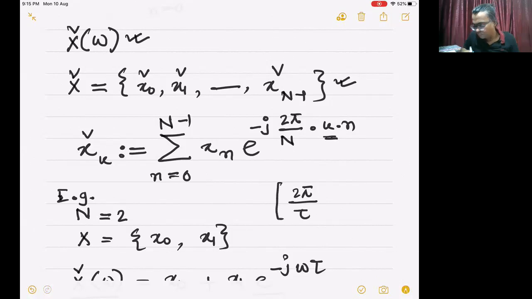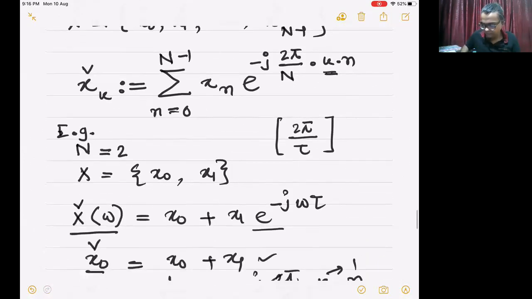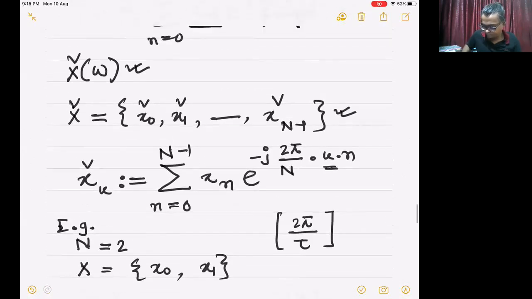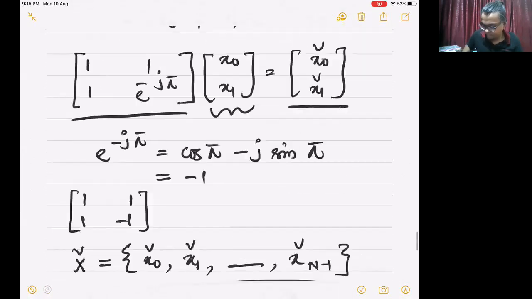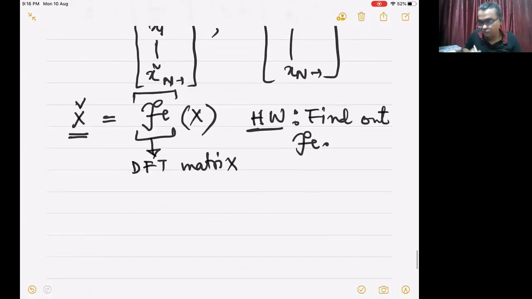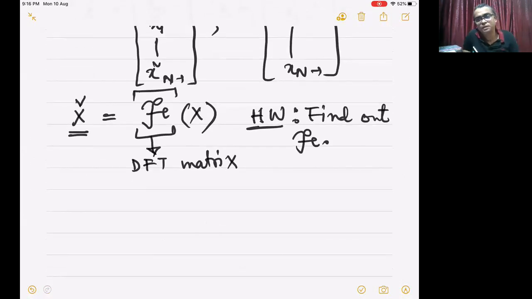And from that fundamental component, I just partition that into finitely many, in fact n equally spaced such points, and at those points I find out omega, and from there I get my x check vector. Okay. All right. So let me remind you, this goes to you as a homework to find out this matrix F.